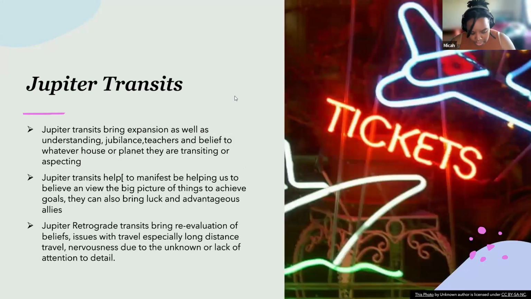So Jupiter transits. Jupiter transits bring expansion, as well as understanding, jubilance, teachers, and belief to whatever house or planet they're transiting or aspecting. The biggest thing is that, much like the Sun, Jupiter brings a huge microscope to the house that it's in, but also the sign's energy that it's in.